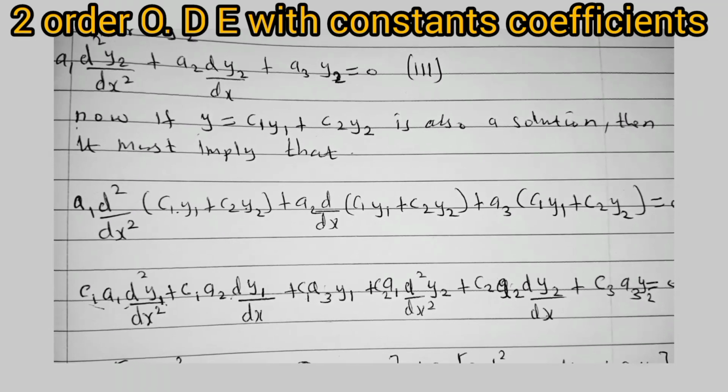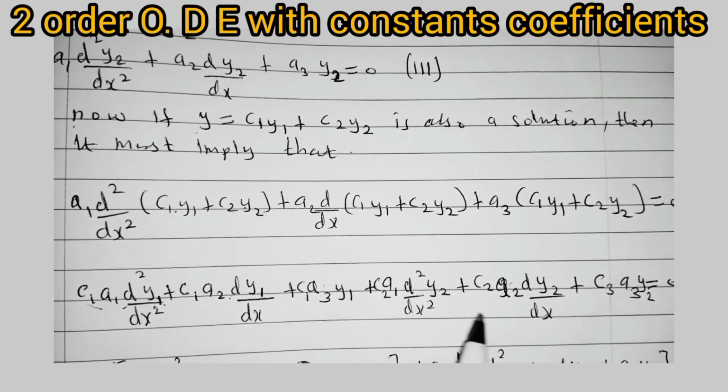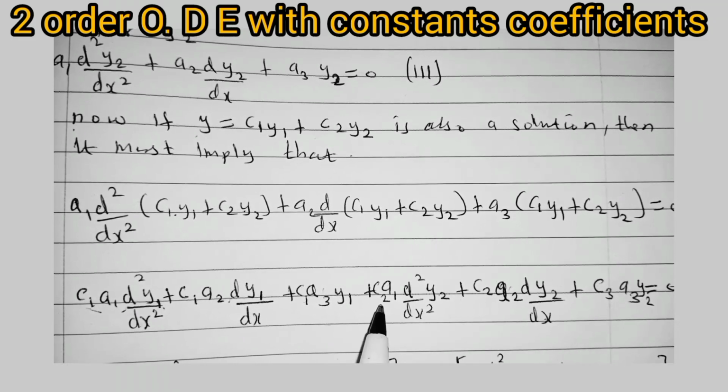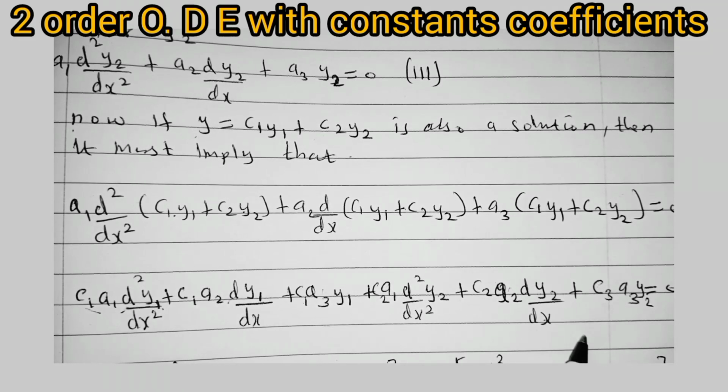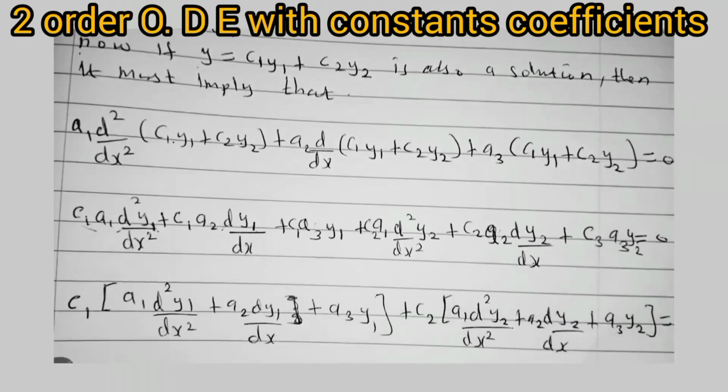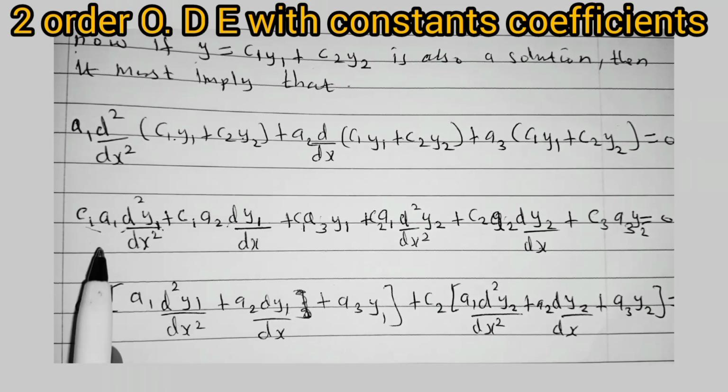We factor it out. In the last three terms, we factor c2 because it is common, to obtain the following.